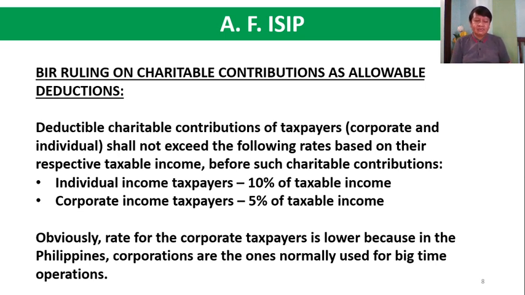It is much bigger than the net income of an individual taxpayer. That is why the percentage of limitation is lower as compared to individual taxpayers, because corporations are used for big-time operations.